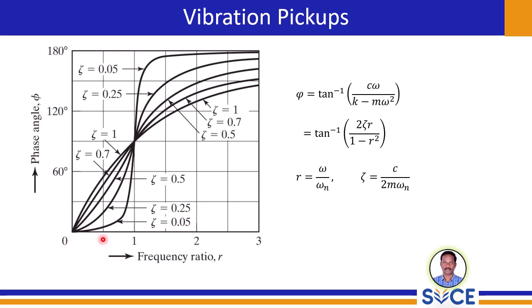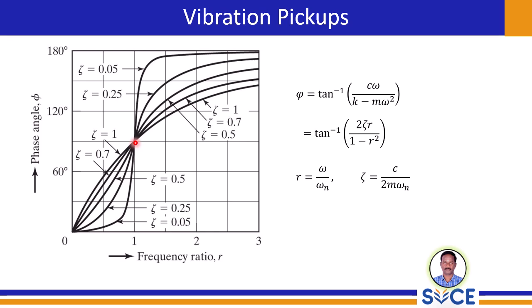At very low frequencies, the phase angle is close to 0 degrees, meaning the relative displacement is almost in phase with the input vibration. As the frequency approaches the natural frequency, the phase lag increases rapidly, going through 90 degrees. At resonance, for any value of damping ratio, everything converges at 90 degrees.